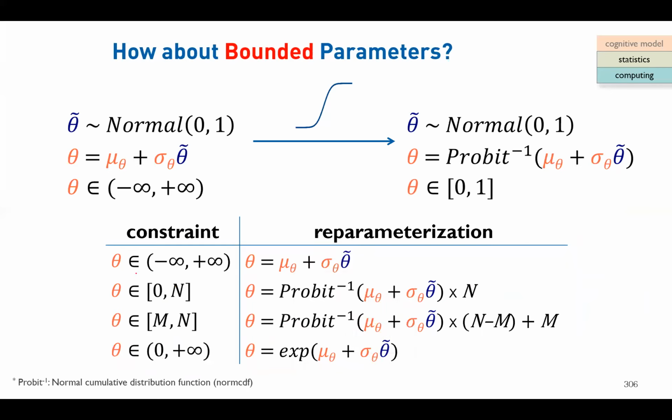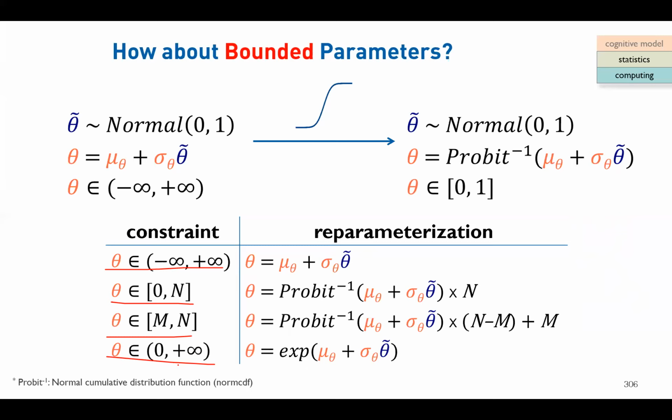So look again, we have an unlimited parameter, a bounded parameter, and a one-side bounded parameter. We have these four cases to reparameterize theta. And you could imagine, what else do you need? There's nothing else you need. These four cases really cover all the situations in modeling: no bounds, two limits, one limit.